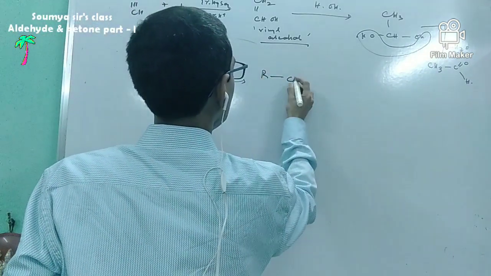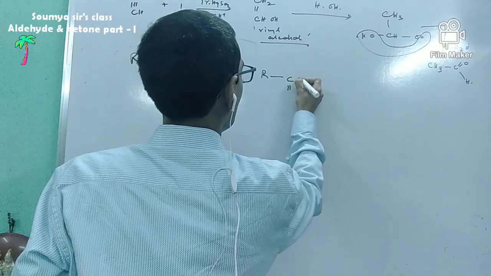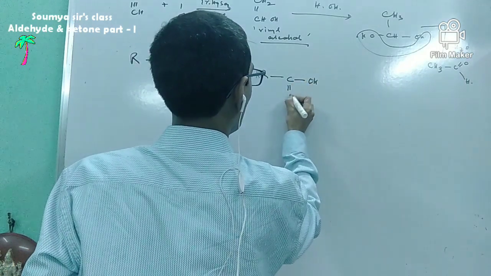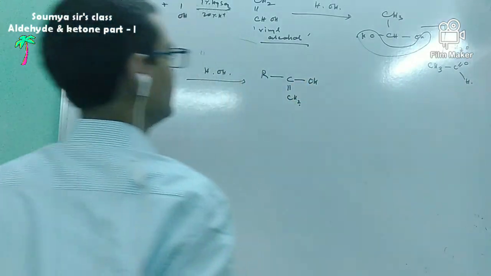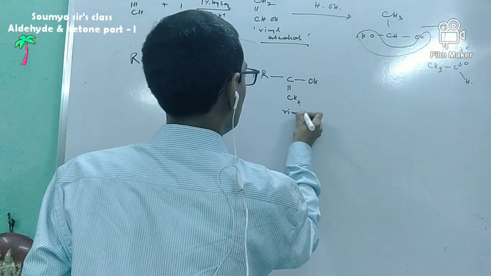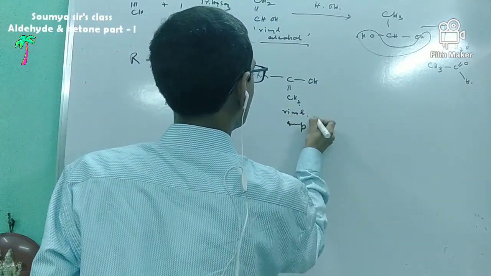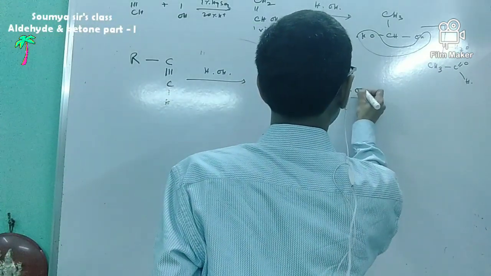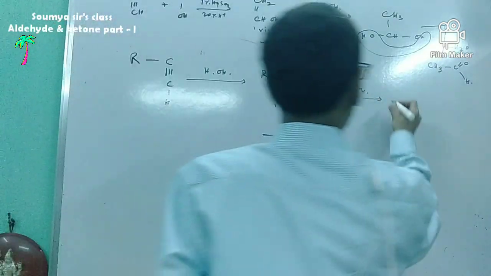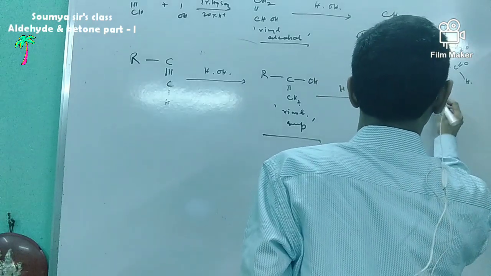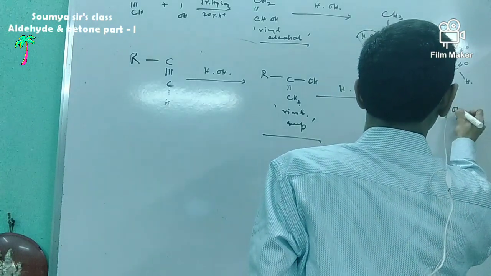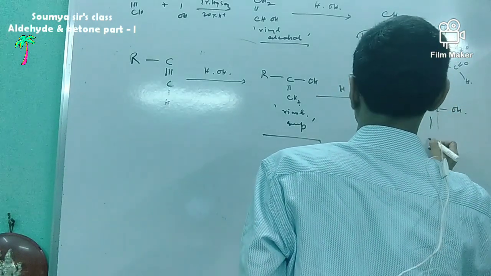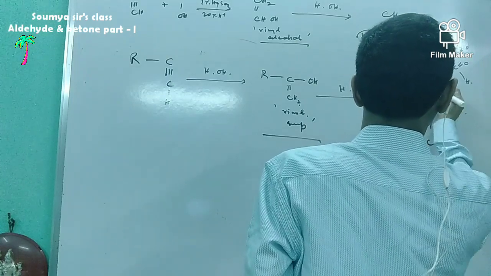This is also a vinyl compound which is unstable, and later on again reacts with water to form RC(OH)2CH3, which is a diol. So this diol leaves water to form ultimately not aldehyde but ketone.